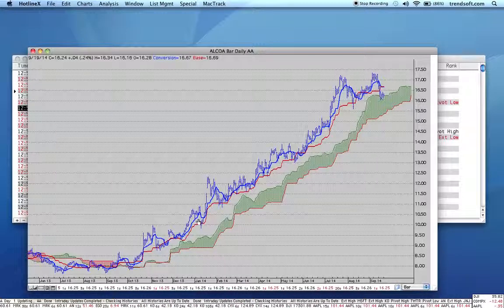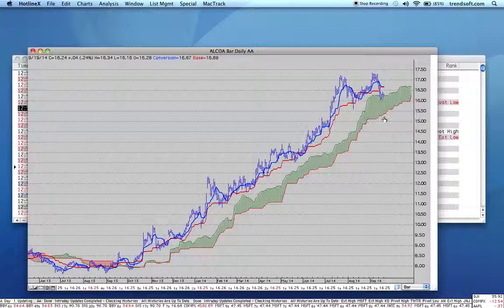One of the major benefits of this indicator is how easy it is to identify trend. As long as prices are above the cloud, we are in an uptrend. And of course, prices below the cloud would mean we were in a downtrend.